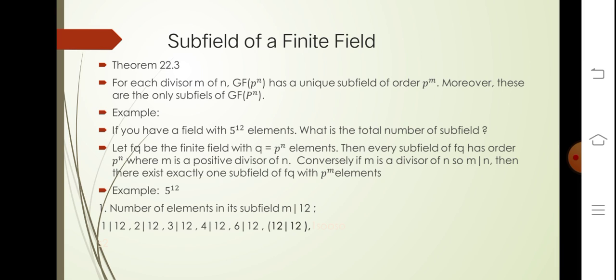So, the possible divisors of 12 are 1 divides 12, 2 divides 12, 3 divides 12, 4 divides 12, 6 divides 12, and 12 divides 12. So this is now the subfields of 5 raised to the power 12.